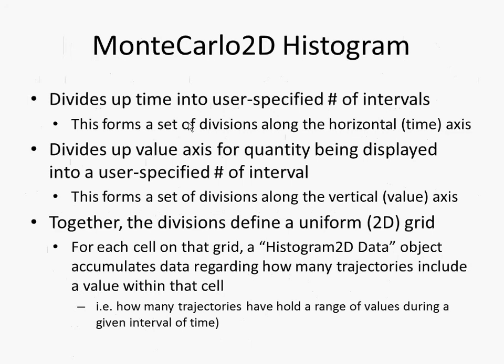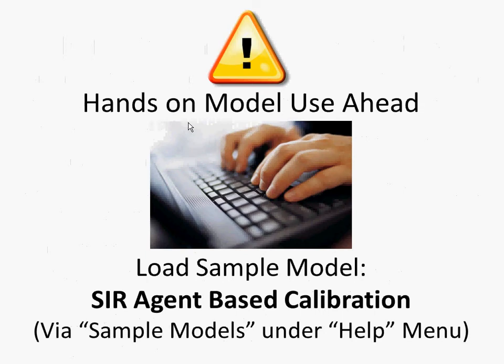And then AnyLogic will run your model many, many times and accumulate counts of the number of times the model falls in a given grid cell. In other words, at a given period of time it lies within a given range of value. Okay? So I'd like you to open up a model called SAR agent-based calibration. Okay?